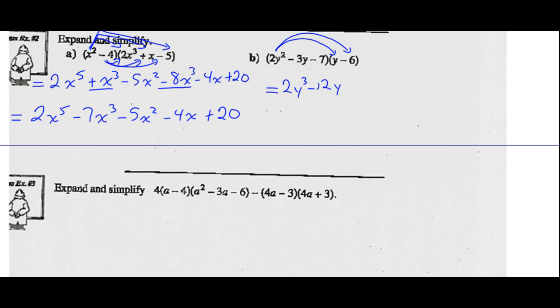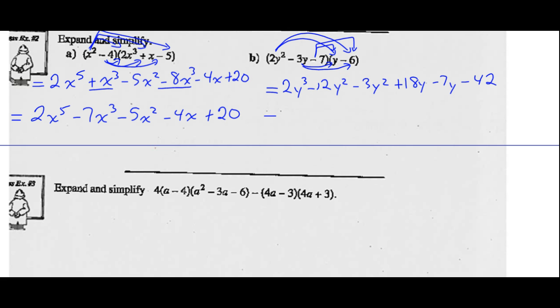Take our negative 3y and multiply it to y, and you get a minus 3y squared. And negative 3y times negative 6 is a plus 18y. And finally, negative 7 times y is a minus 7y. And negative 7 times 6 is a minus 42.